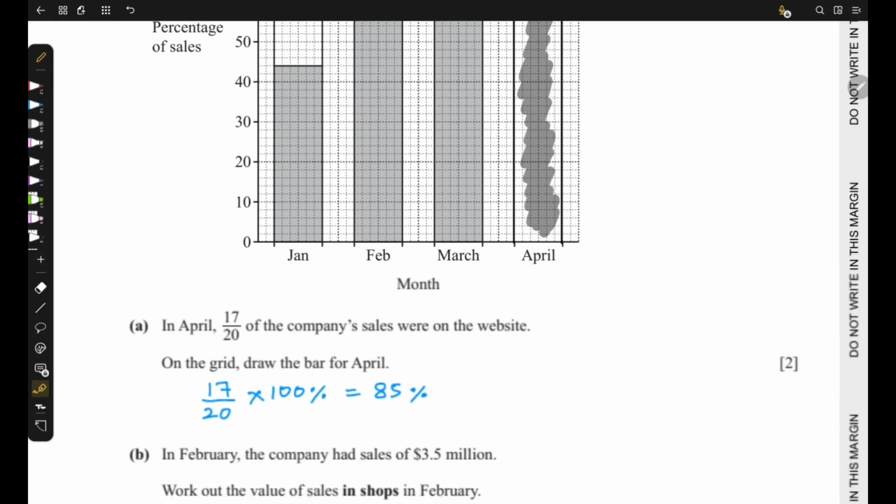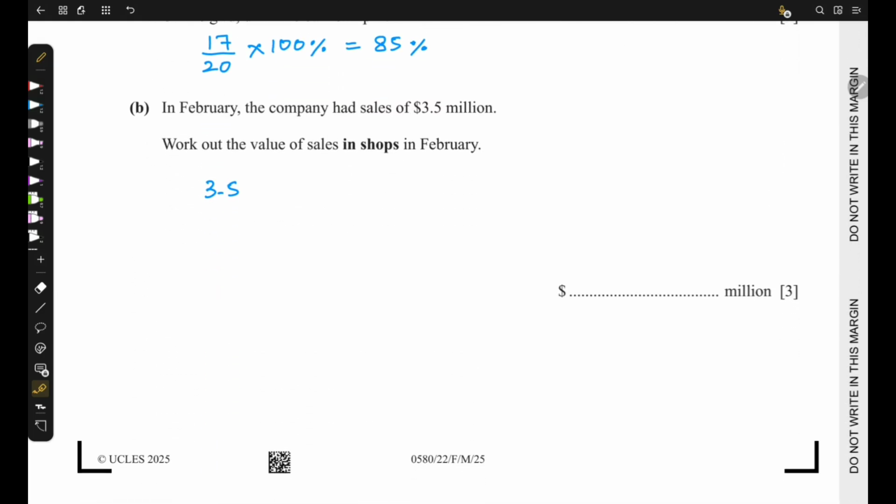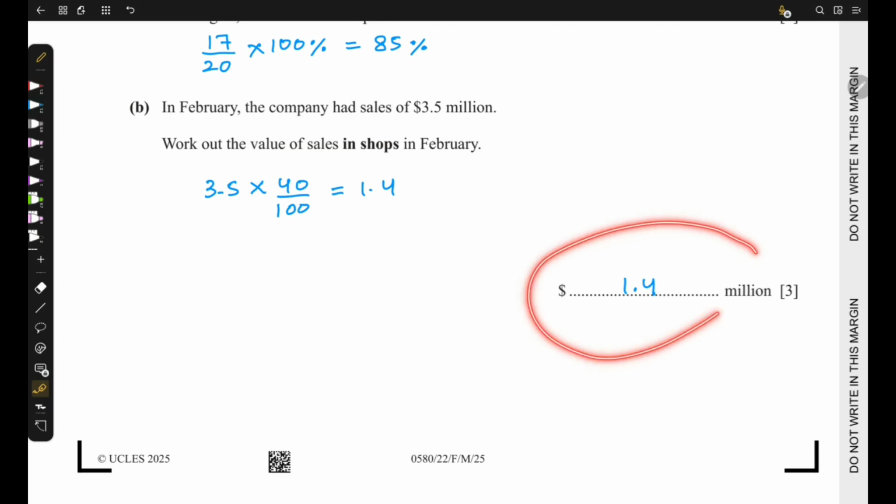So it means 40% of sales were through the shops. So we have to find out 40% of total sales. 3.5 times 40%. So the answer would be 1.4. It means that sales through shops is $1.4 million. Easy.